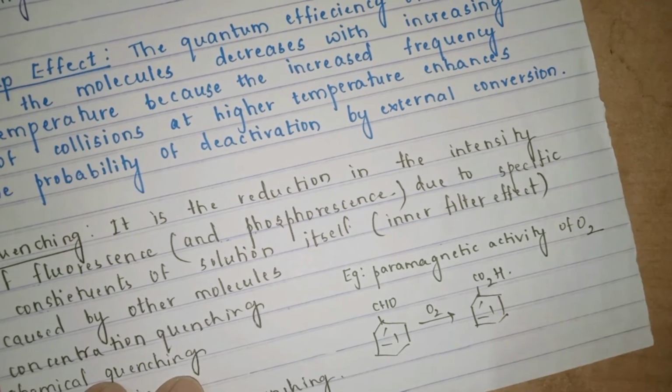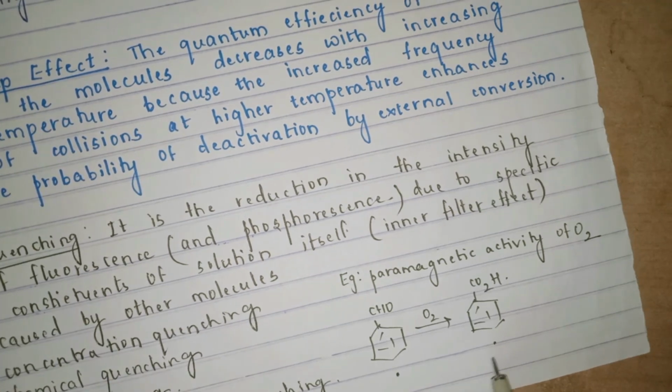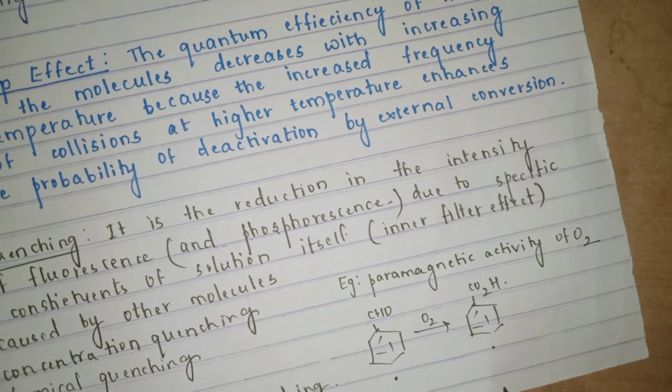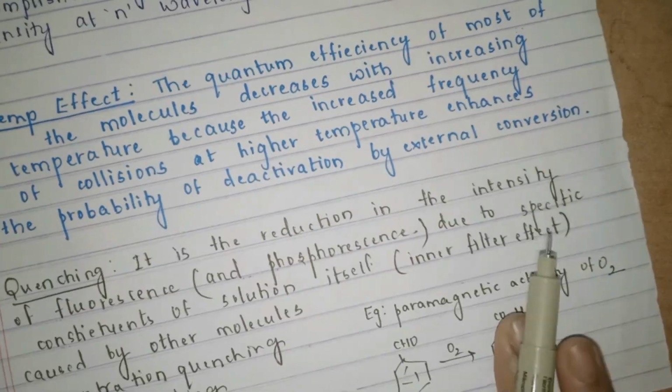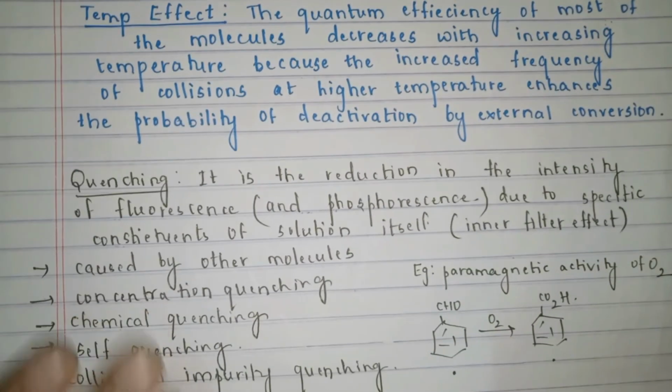If I am trying to record for the benzoic acid and if there is a presence of benzaldehyde in the particular solvent system, then it may lead to quenching of the molecule that I am trying to record. In this way, the quenching phenomenon is one of the reduction phenomena and it is going to affect the fluorescence and phosphorescent capacity of the molecules.